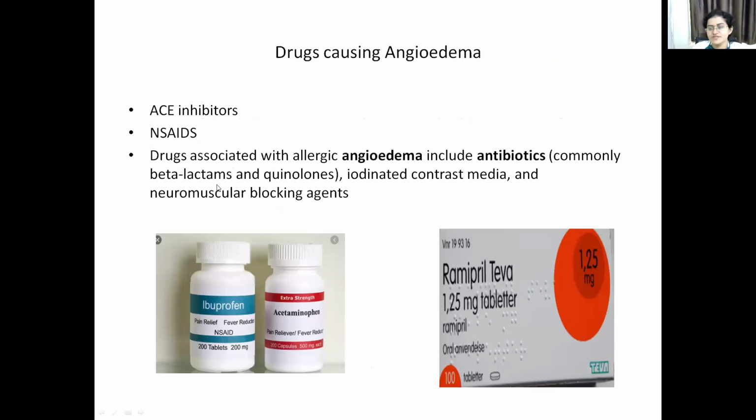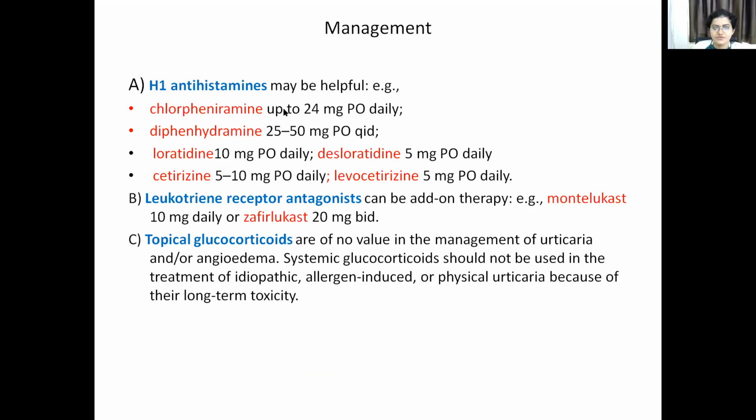Then other drugs causing angioedema apart from ACE inhibitors will be your NSAIDs and antibiotics, that is beta-lactam and quinolones, and iodinated contrast media and neuromuscular blocking agents. Then coming to the management, you have to write the antihistamines and leukotriene receptor antagonist.